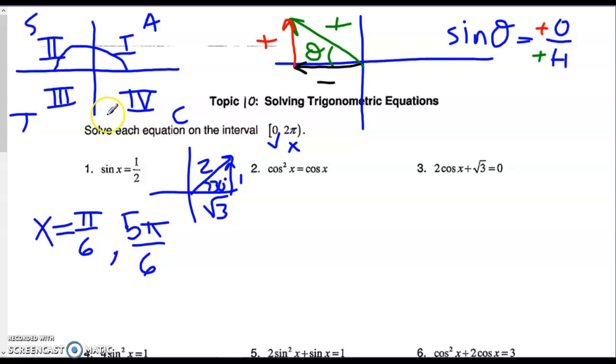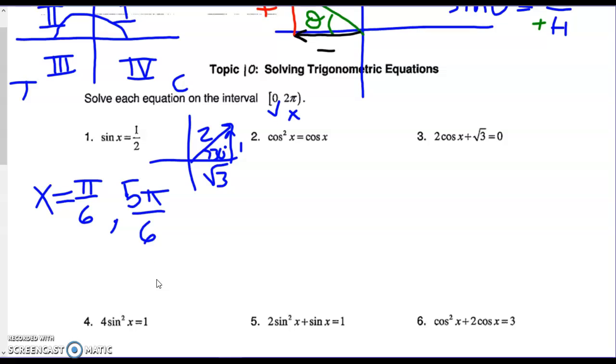So if it's less than 1, it's got to be pi or less. So I have 1 pi over 6, 2 pi over 6 would give me pi over 3, 3 pi over 6 would give me pi over 2, 4 pi over 6 would give me 2 pi over 3, then 5 pi over 6 is the next one that does not reduce. So therefore, those are my two answers.